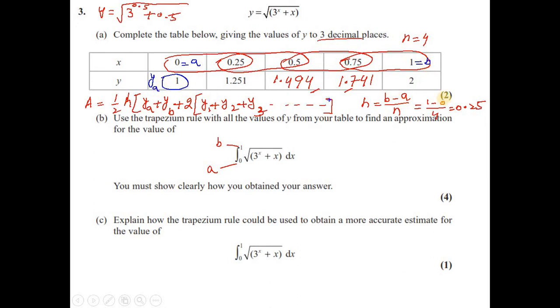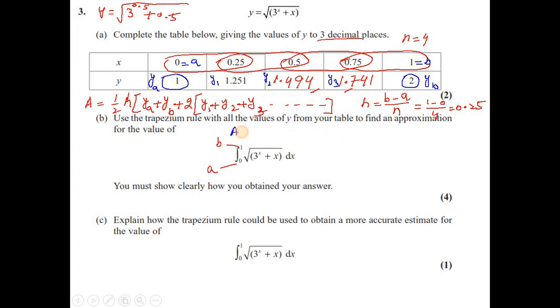That means this is ya and this is your yb, and the rest of the intermediate values are y1, y2 and y3. If you have more, then you can write y4, y5 and so on. So that's what you need to do.